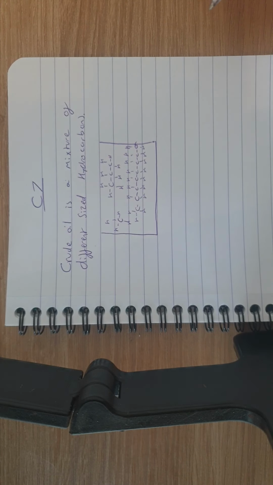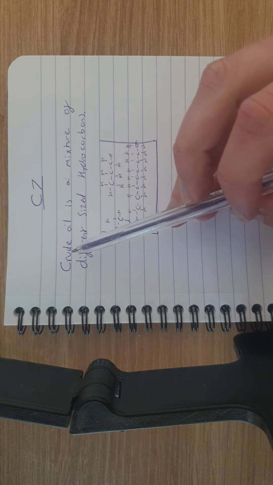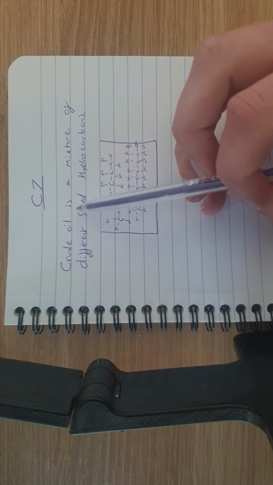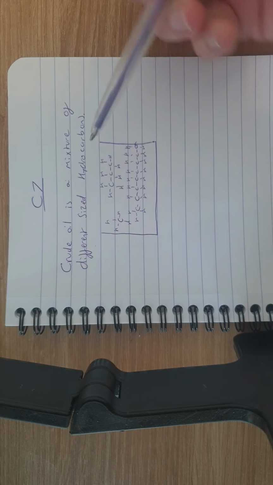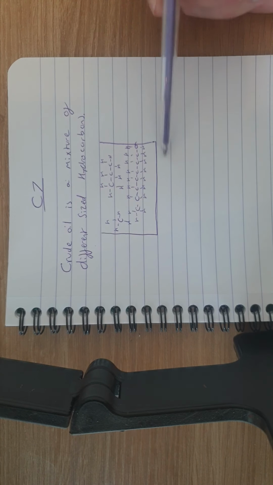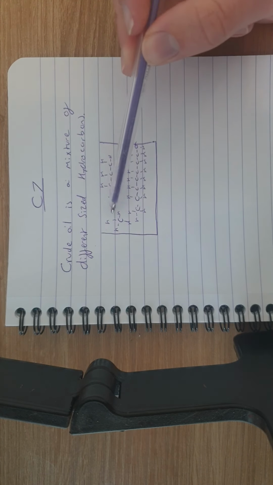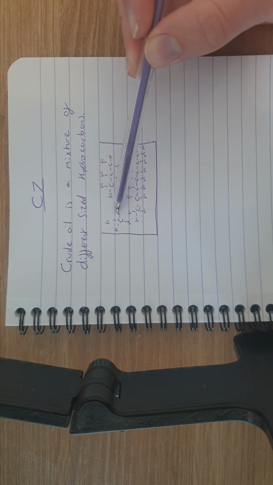Okay, so I'm going to go through some of the basics for the C7 topic in chemistry, which is all about crude oil, hydrocarbons and the reactions of them. Now I've just started here by the very basic definition of crude oil. Crude oil is a mixture of different sized hydrocarbons. So if you can imagine, this is a container of crude oil and I've got different sized hydrocarbons.